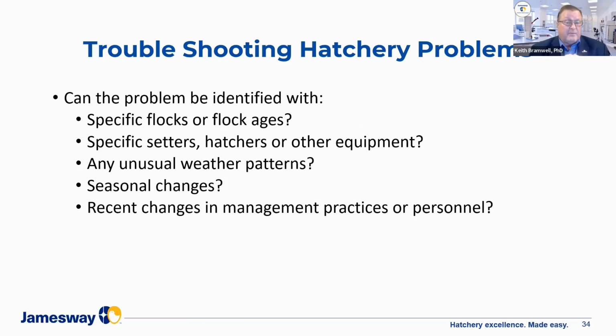An example I use is one hatchery that was having some issues, and they identified that it always seemed to come from one machine, the same machine all the time. But when they hatch out of multiple machines, it gets mixed up, yet they were able to track it back and say, okay, now we know we've got an issue with one of our setters. It was poor ventilation. It was not ventilating properly. It had massive hot and cold spots in one machine, which caused a lot of embryo loss.